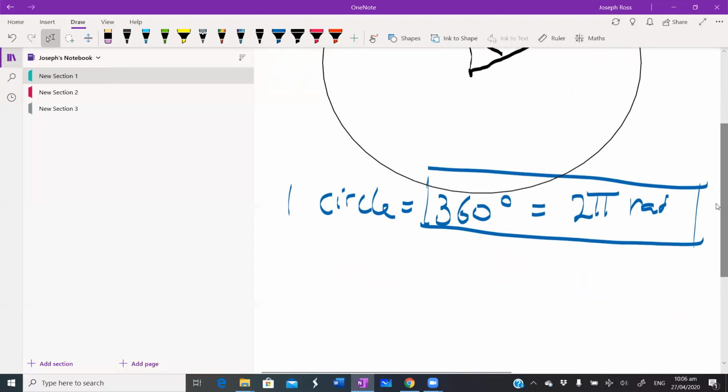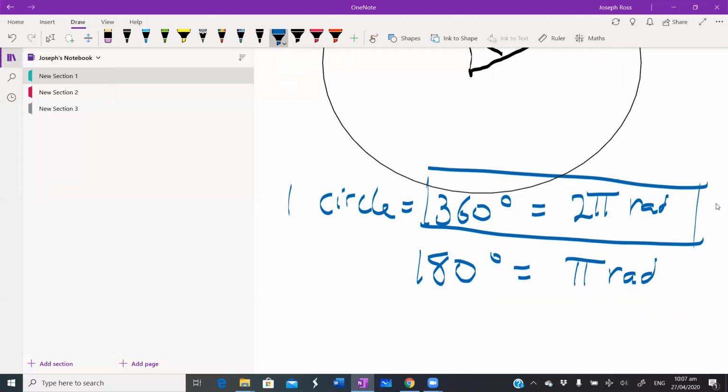Now we have here 360 degrees is equal to 2 pi radians, which is an equation in its own right. If we divide both sides of that equation by 2, we get half a circle, which is 180 degrees, which is pi radians.